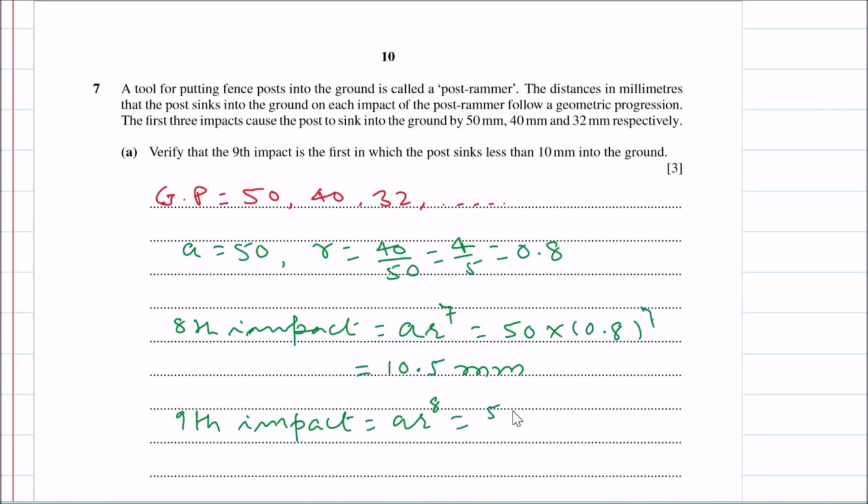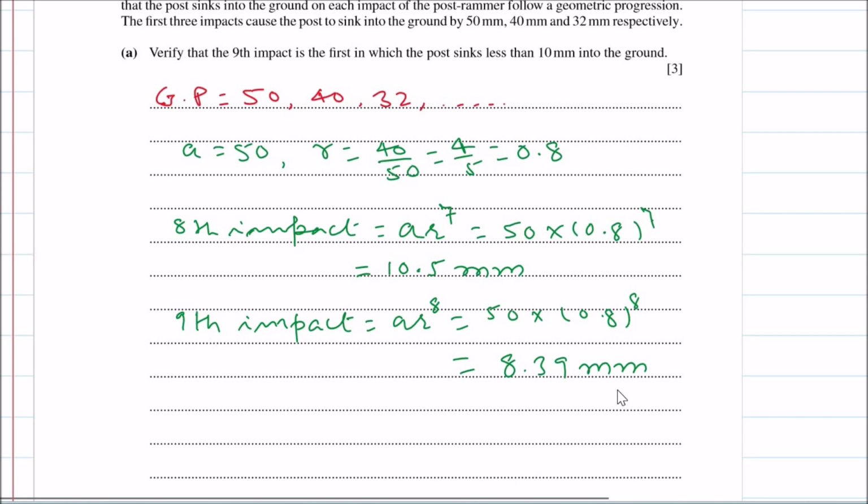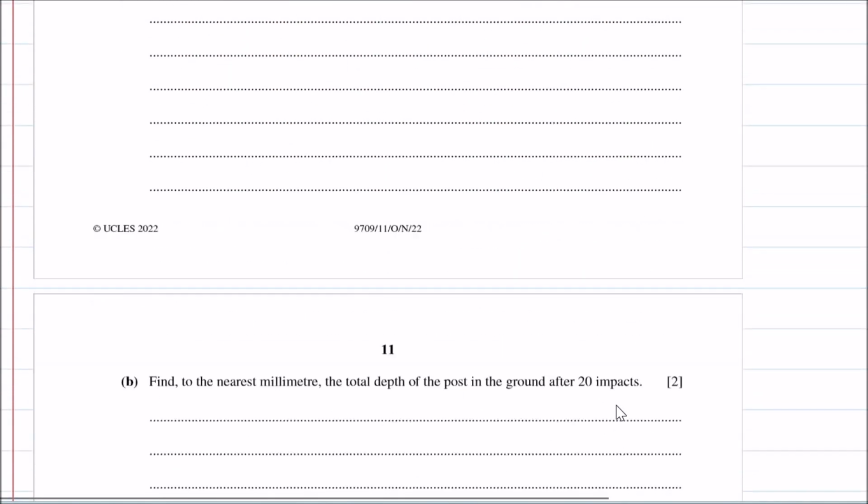In this case 50 into 0.8 to the power 8, and if you simplify this, here we are getting 8.39 mm, which is less than 10. So the ninth impact is the first time that you are getting less than 10. So this is verified. Okay. Let's go to the next part.